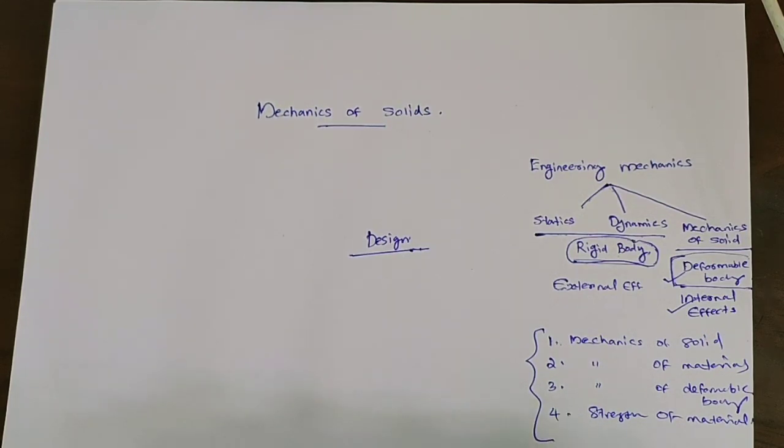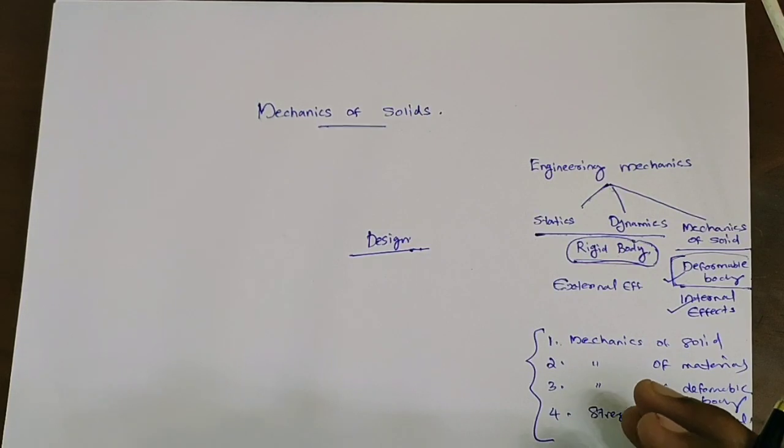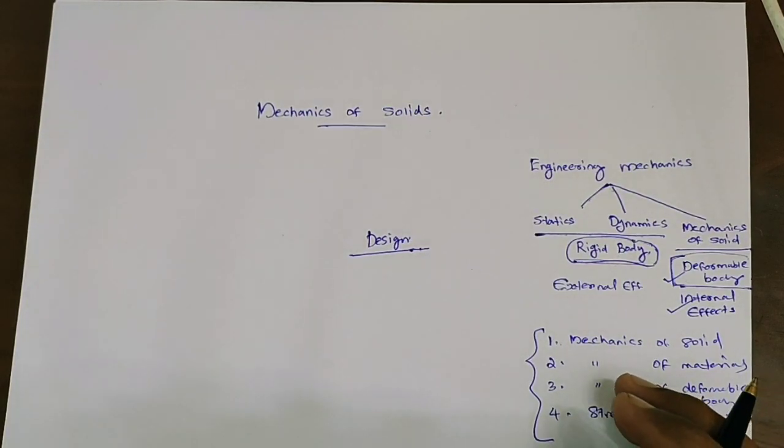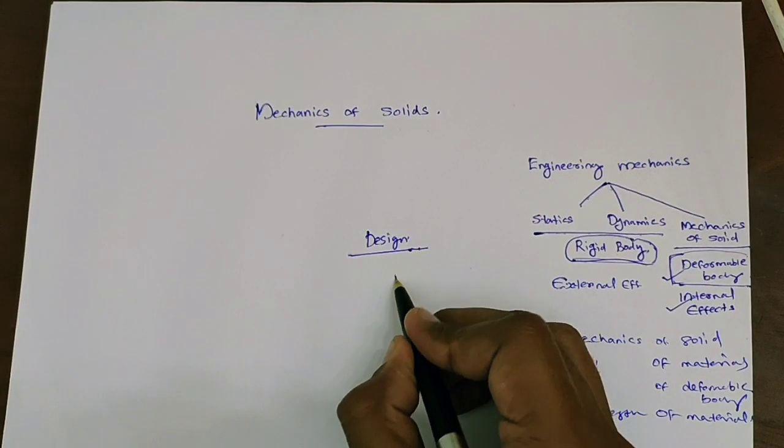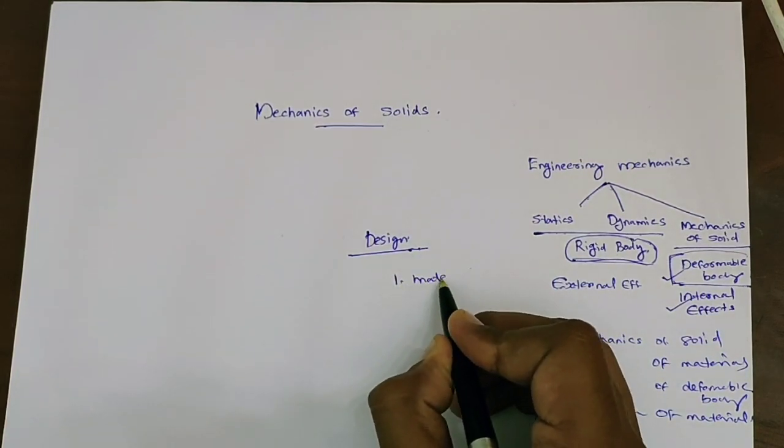So what is the output from the design? From the design we can find out the material of the product, the detailed dimensions of the member, and the shape of the member to ensure its safety for doing its intended functions. First one is material.